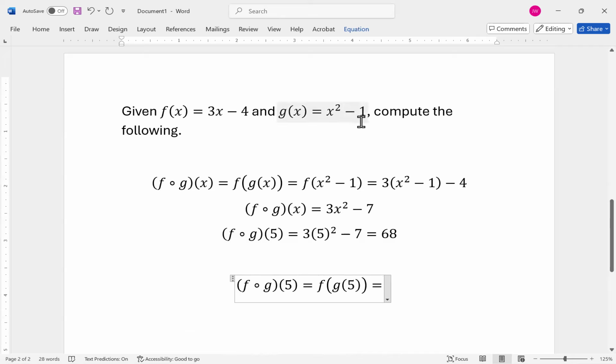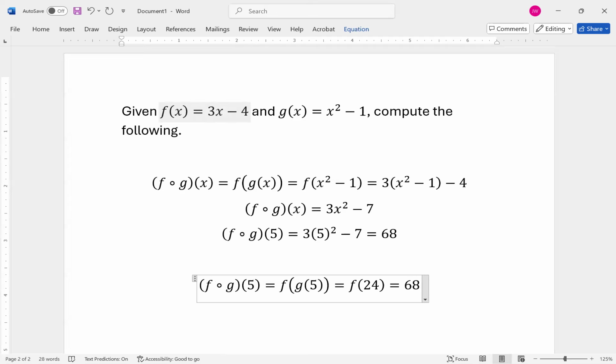So that would be f of 24 because g of 5 is 24. And then I could take 24 and plug it into my function f. 3 times 24 minus 4 becomes 68. Notice that we got the same thing.